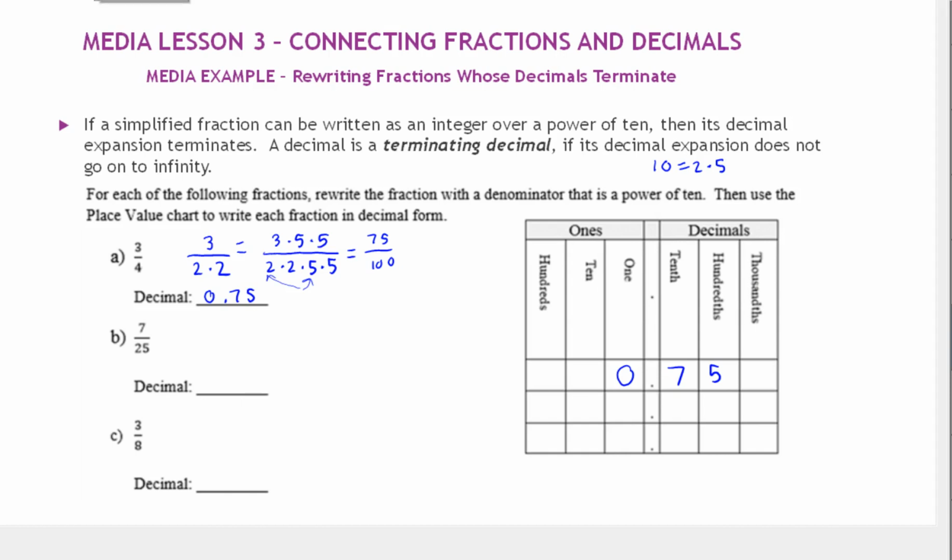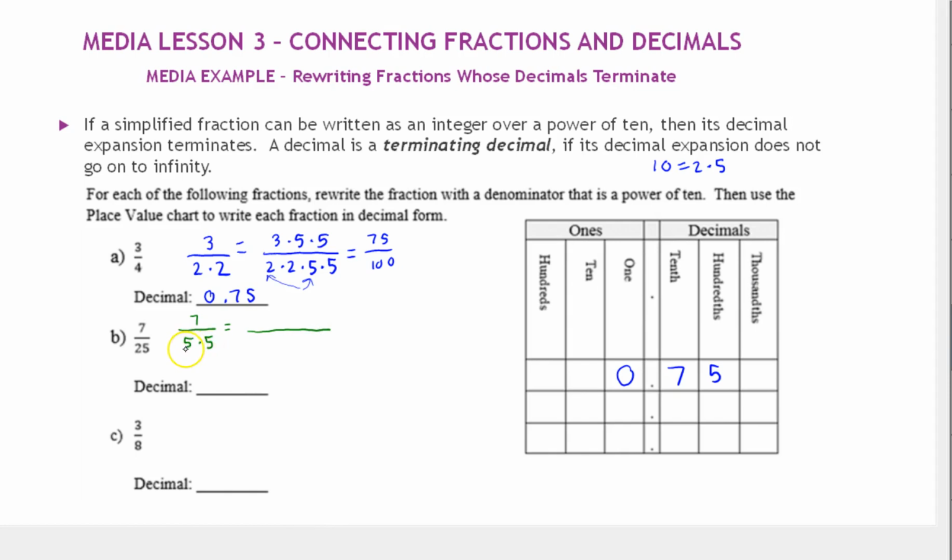Let's look at the next one. Here we have 7 over 25, so I'm going to start just like before by writing 25 in its prime factored form, which is 5 times 5. Since it has factors that are only 5s or 2s, in particular this one just has 5s, as long as you have 2s and 5s in the mix, then we can rewrite it with no other numbers, just 2s and 5s, as a power of 10.